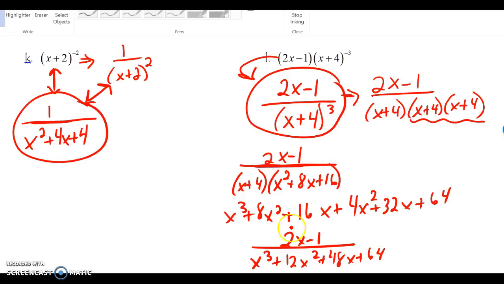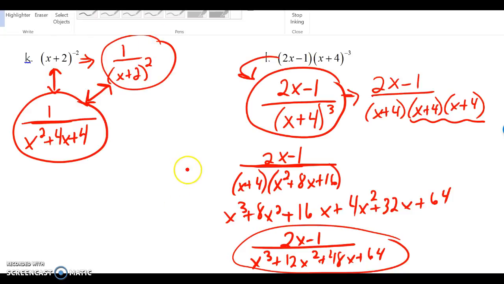When it looks like this, we wouldn't be able to see that value of -4 making this ratio undefined. But since we are practicing expanding binomials, I went through and actually did cube that out. But this is better left like this, and the same for this one in K. This is better left in factored form.